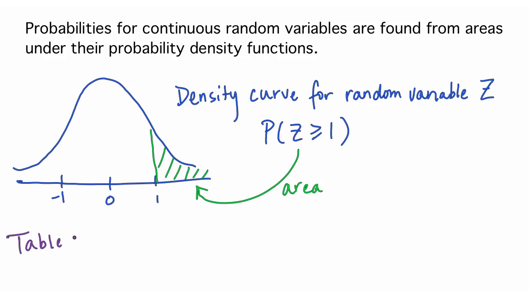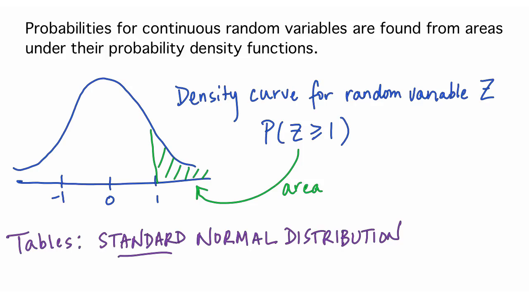Normal probability tables are for the standard normal distribution. That is, they are for the normal distribution that is centered at the mean of 0, that is mu is equal to 0, and that have a standard deviation of 1, that is sigma is equal to 1. In another video, we'll consider how to find probabilities for normal distributions with means and standard deviations other than 0 and 1.